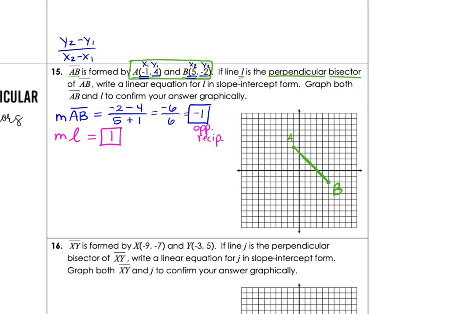Okay, now what it asks for is to write a linear equation in slope-intercept form for line L. We know the slope, but we need some point for this. What does the question say line L is? A what? It is a bisector, right? It's a perpendicular bisector. What does a bisector do?